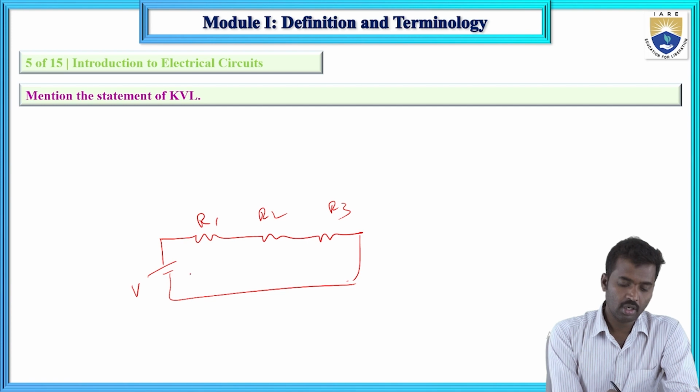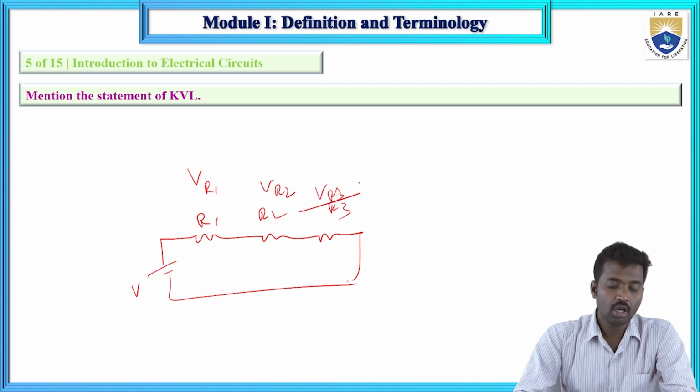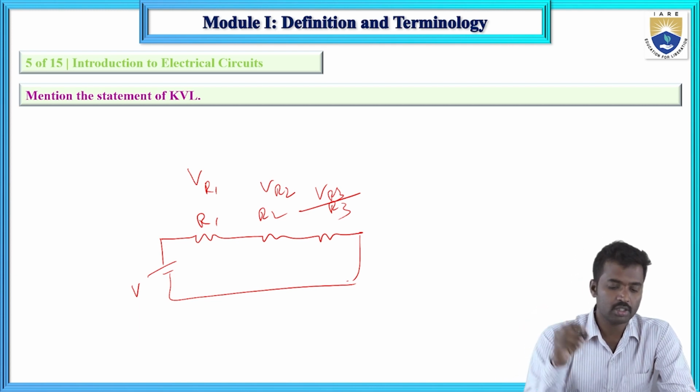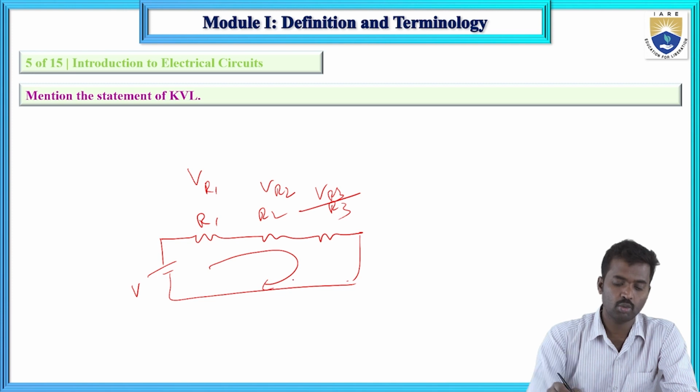Now the voltage across resistor R1 is VR1, across R2 is VR2 and across R3 is VR3. In any loop at any instant of time, the algebraic sum of total voltages in a loop equals 0.